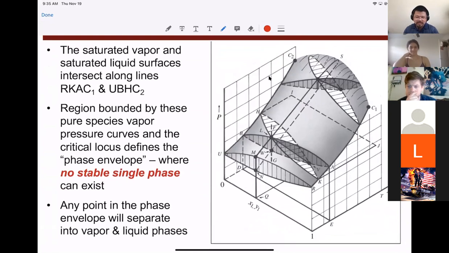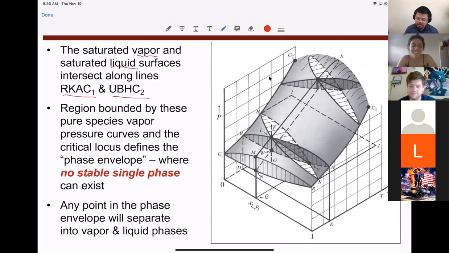The saturated vapor and liquid will meet along those lines. So let's say we have RKAC1. This is RKAC1, which is what we just described, right? That would be the pure component, and one is for the pure species.